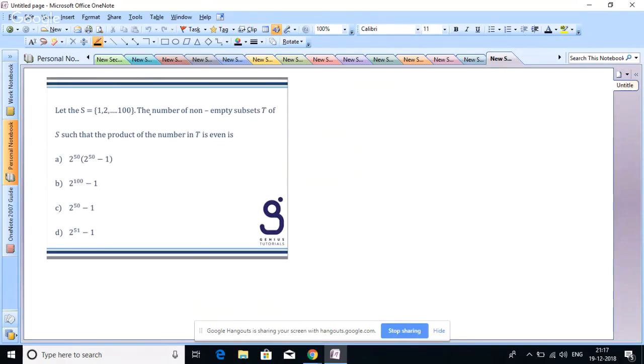Next question is this. Let the set be 1 to 100. So the number of subsets would be 2 to the power 100, and one empty set is also there. So non-empty subsets would be this.